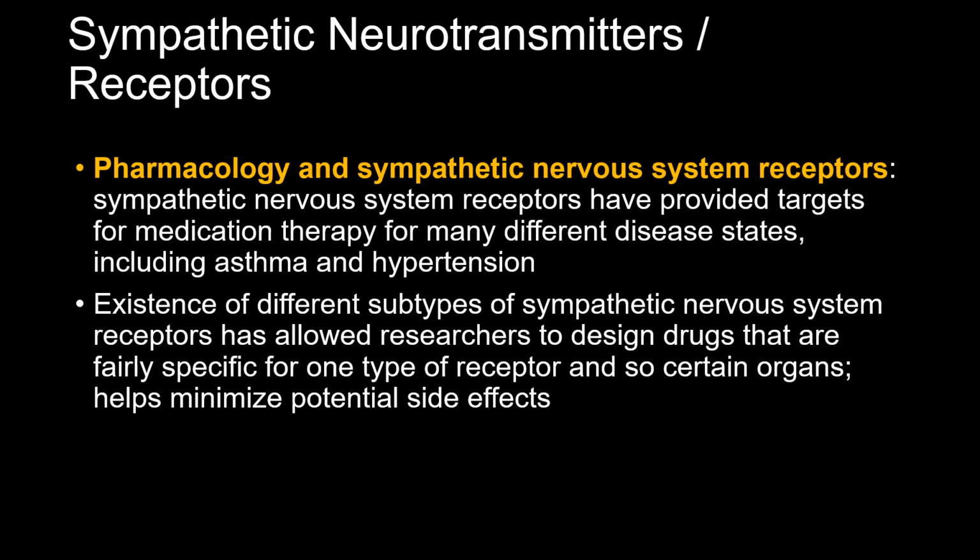Now, because there are very specific subtypes of these sympathetic nervous system receptors, this allows researchers to design drugs that are very specific for one type of receptor and thus certain organs. You're going to find that many different disease states like asthma and hypertension are treated with these sympathetic nervous system blockers or enhancers.